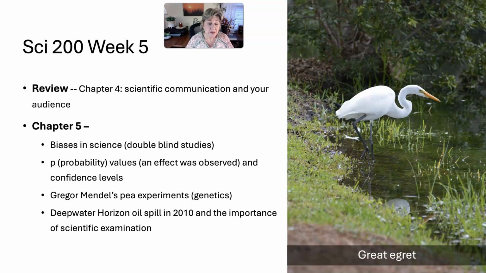So this week is all about biases in science and how to remove them, how to check for them, because they're very important. There are all kinds of bias. So a researcher brings bias to the table when science is being done, because the researcher has done all this background information checking and reading and understanding, and so you have an idea of what is going to happen, but you also have an idea of what you expect to happen.